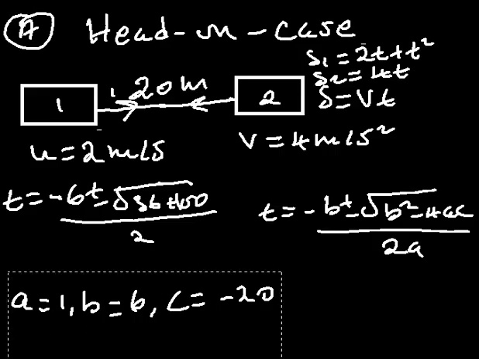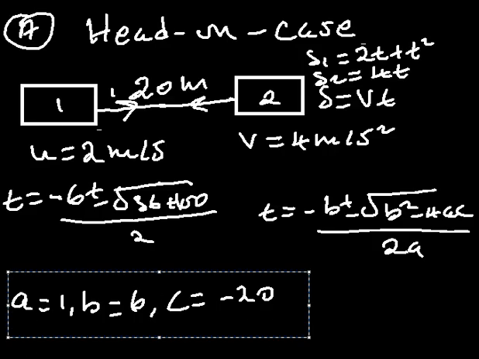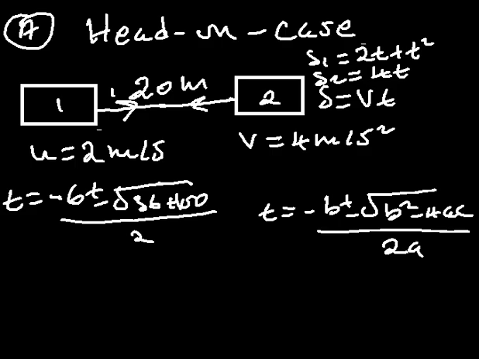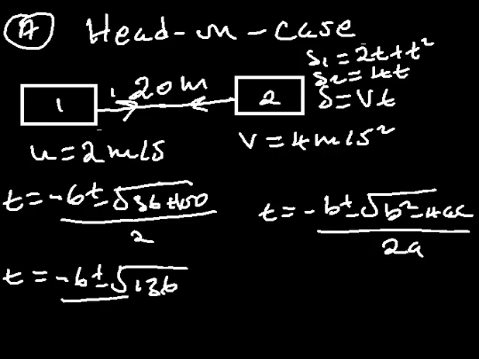And that one will be given as, now in this case, we can have it as the time is equal to negative 6 plus or minus, now we have 136, which is divided by 2. And hence we can have it as, what is the square root of 136?